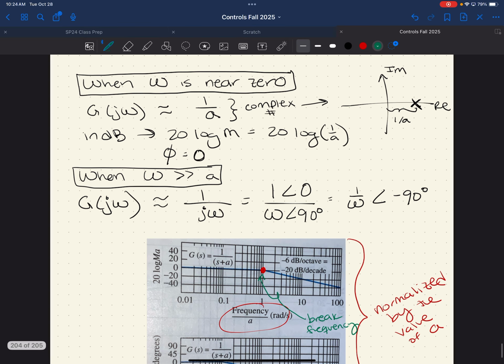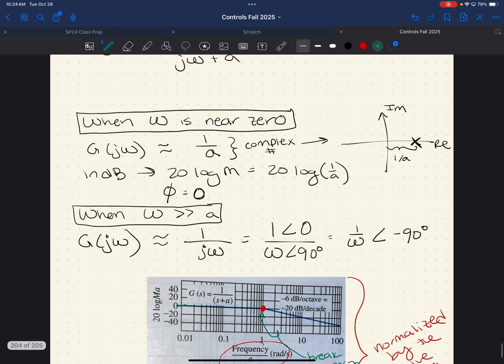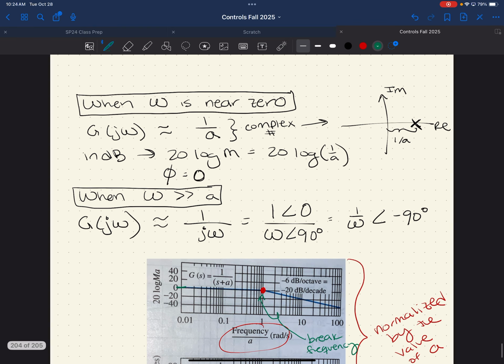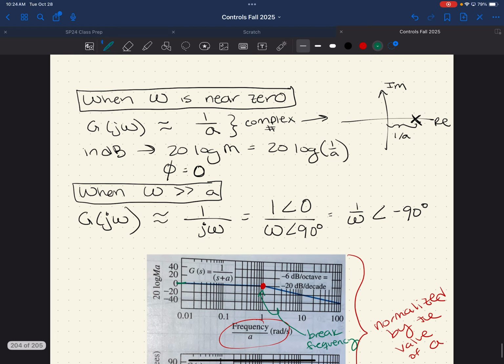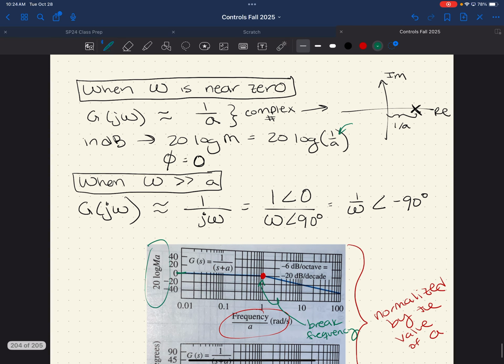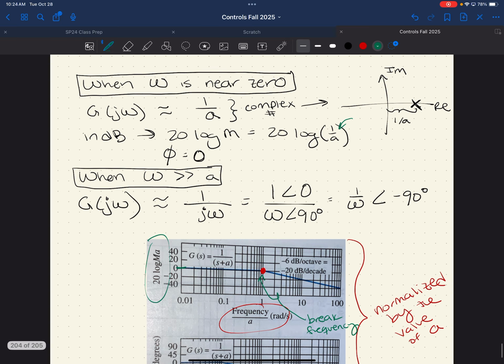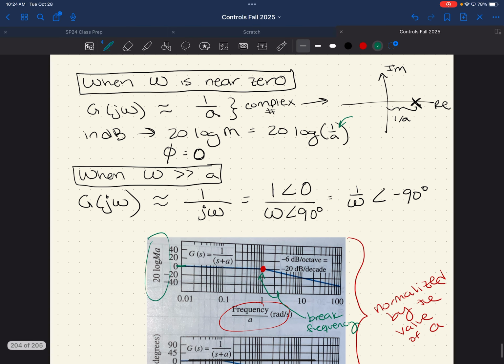I start out at a magnitude of, wait a second. This is 20 log MA. So this is also normalized by the 1 over A. Yep.